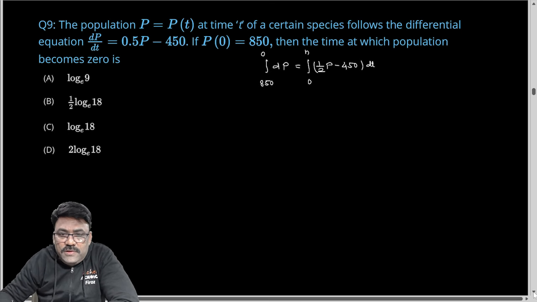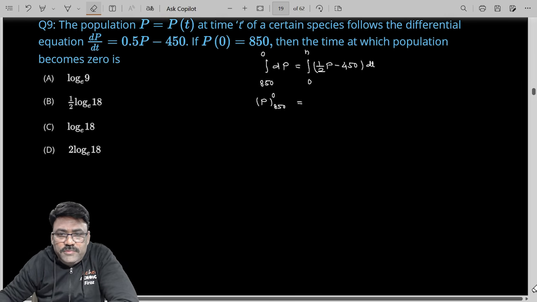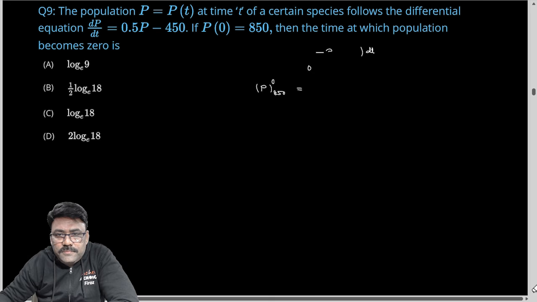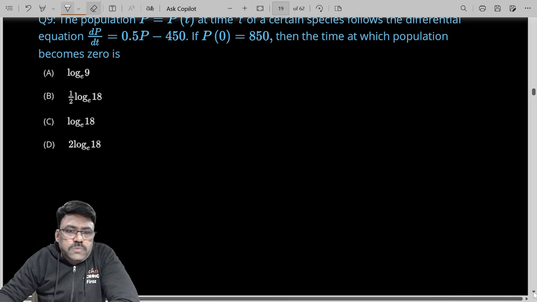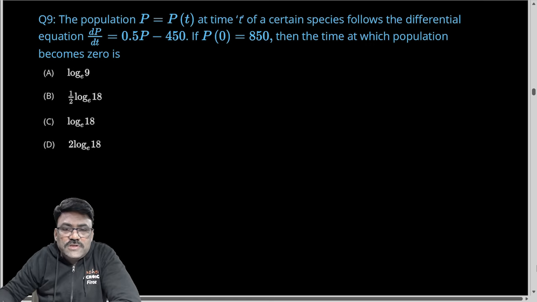So this will be p here, 850 to 0. Here integrate. P will be taken in the denominator. So I can write this differential equation like this actually.